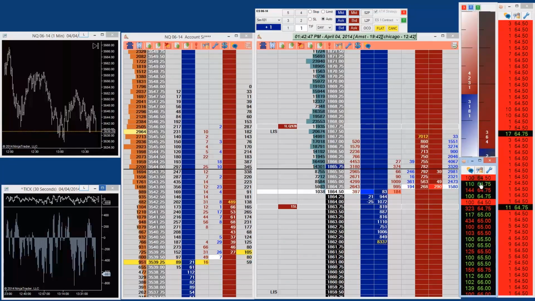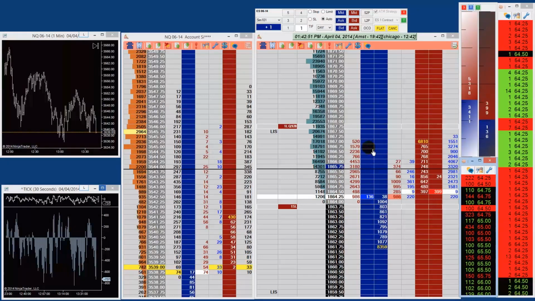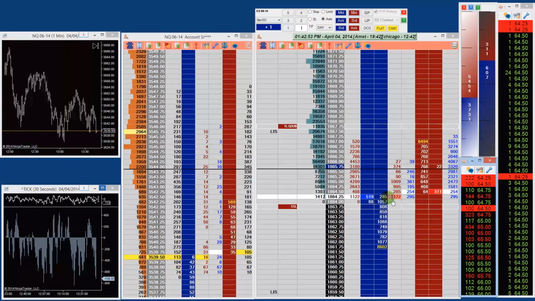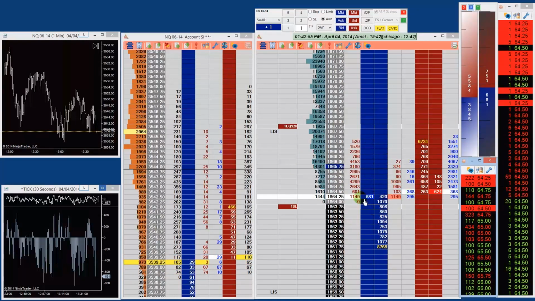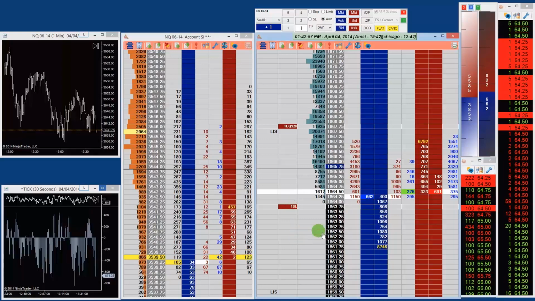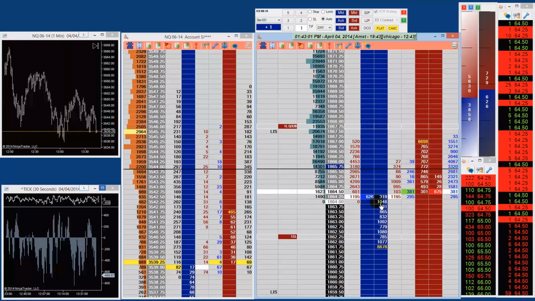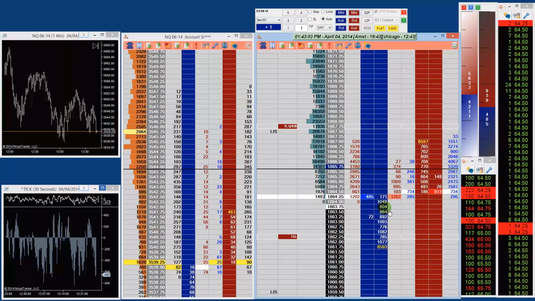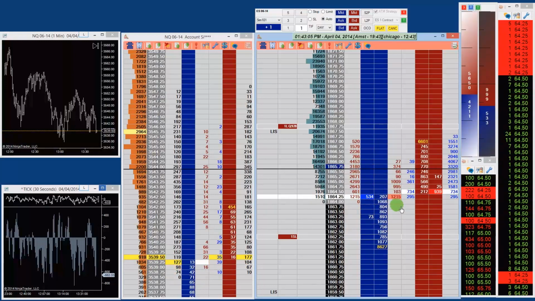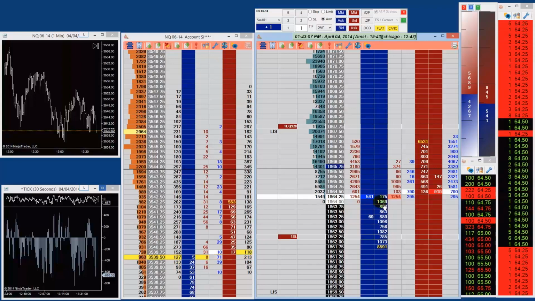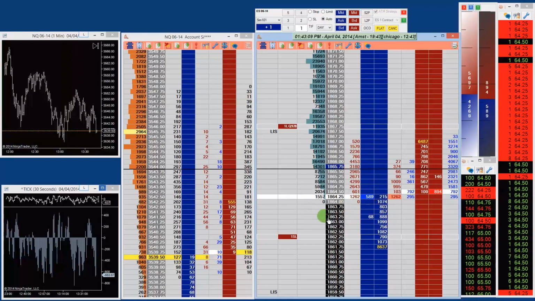Now, we're actually getting to the point where we should really have already stopped out. But as you look down, let's try to move that out of the way. That's not how I manage trades, I just want to look at this. If we look down below, what can we see? We can see a bid of 1,074, and it's the low of the day.